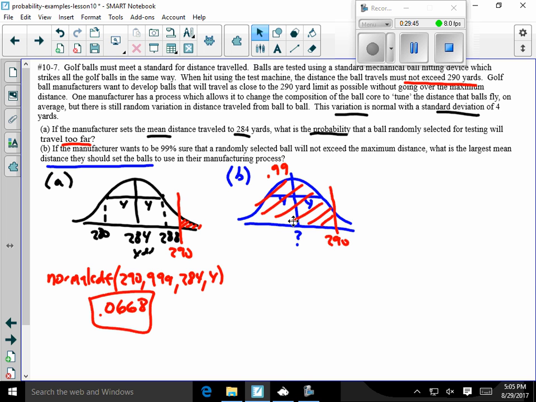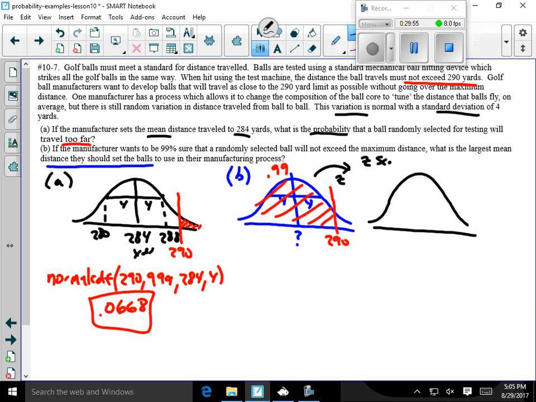So what we're going to do is look at the standardized curve. In other words, if I take all this data and run it through the z formula to get z-scores, it would have exactly the same shape, but the mean would be 0 and the standard deviation would be 1. So I can look at this data value that's 290 and call that the x value. That's the data, right?